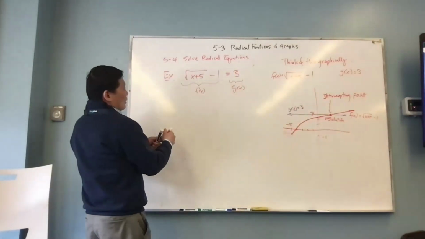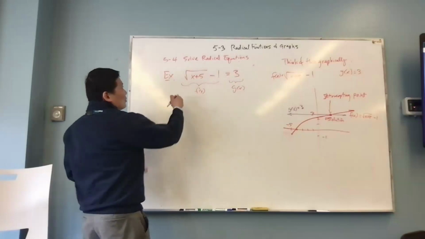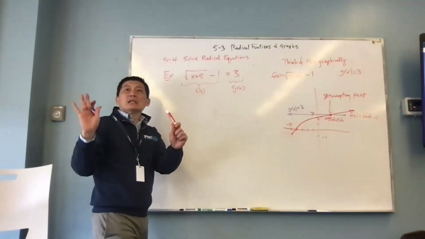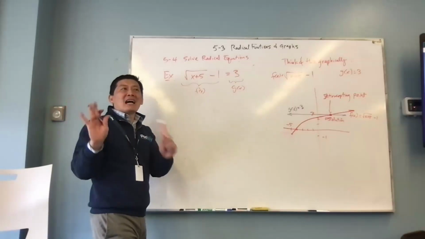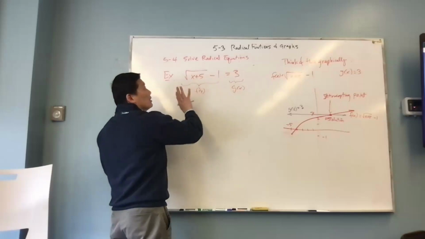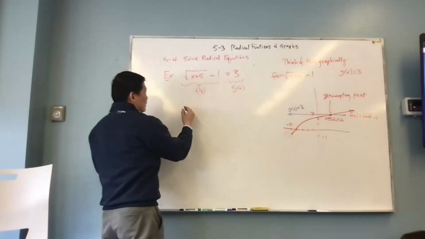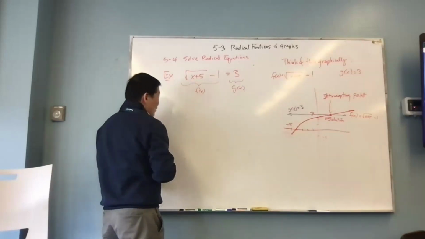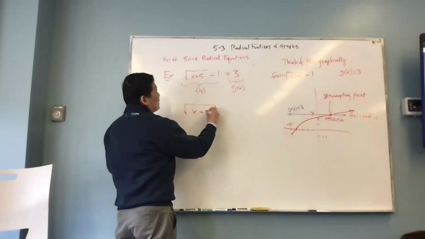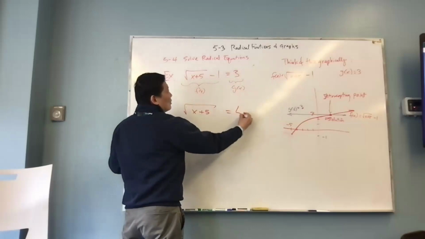Now the question is, how do we solve this problem? Very simple. We want to simplify and isolate the radical. We always want to isolate. We have a radical here and a number out here. Move the number to the other side. That's how we isolate the radical. So we make it square root of x plus 5, and then make this 4.